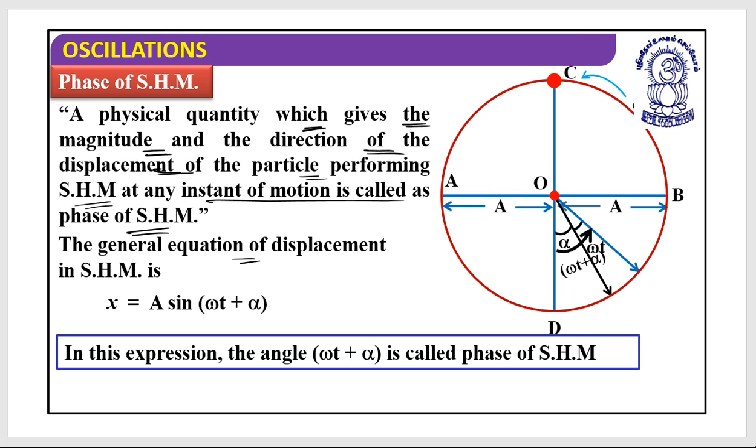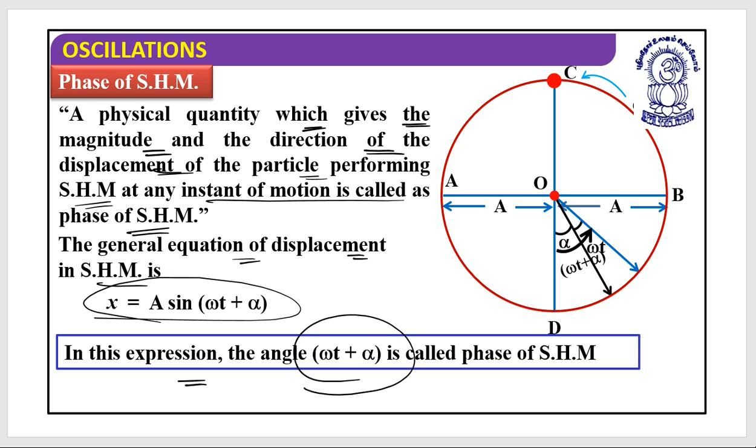And the general equation of displacement in SHM is x equals A sine omega t plus alpha. In this expression, the angle omega t plus alpha is known as the phase of an SHM. So basically it is the angle that we have written in the general relation. That is what we call the phase of an SHM.